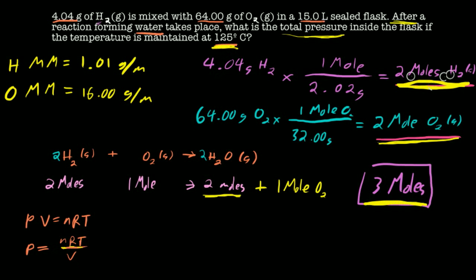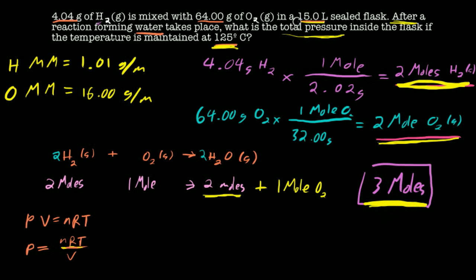Even though we started with 4 moles of gas bumping around, after this reaction takes place we're going to be left with 3 moles of gas, 2 of which are going to be water and 1 is going to be oxygen. But we're not trying to figure out the partial pressure for each of these gases. We just want to know the total pressure inside the flask. So we are going to have 3 moles of gas inside the flask. That's our n.